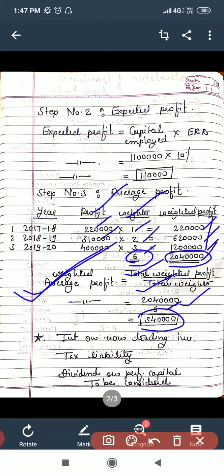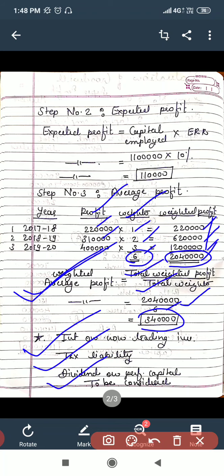Now, before we conclude on the average profit, there are three things which have been provided to us, which are compulsorily to be considered while calculating the average profit: interest on non-trading investment, the tax obligations, and the dividend on the preference share capital.